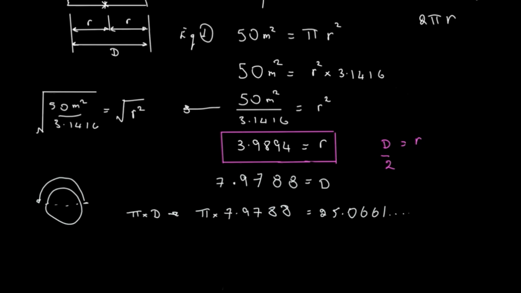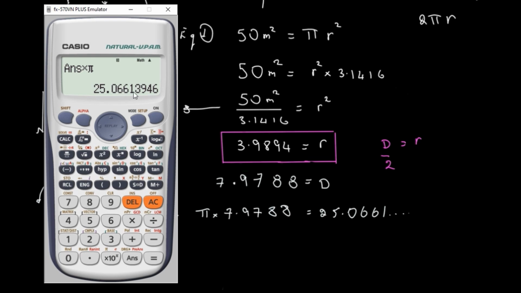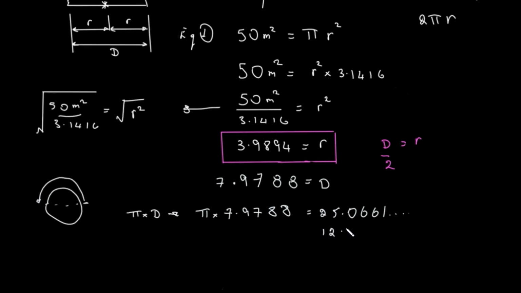So we have, where's the calculator? Divide it by 2, and we get 12.5331. Now that is halfway round there. But we also need to include the bit that goes across this part here.